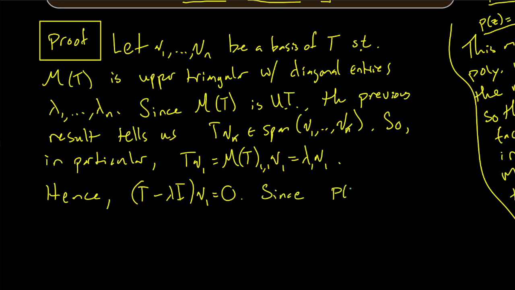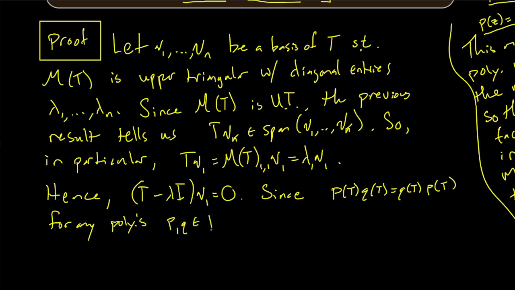Since p(T) q(T) equals q(T) p(T) for any polynomials p and q over the same field, we have the following.